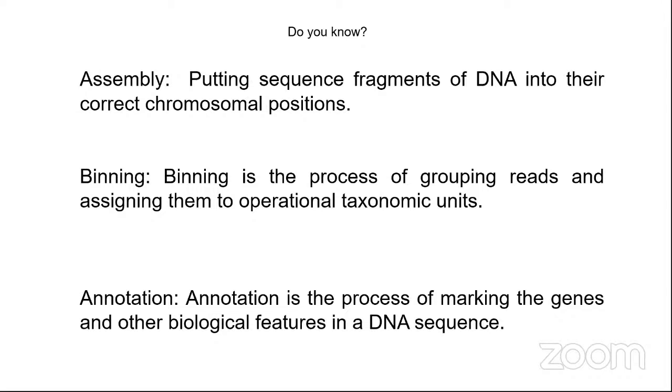You can group them according to their similarity, or you can go for a comprehensive grouping, or you can go for annotation. Once you have your genes assembled and your operational taxonomic units ready, you can go for annotation. Annotation is the process of marking the genes and their biological features in the DNA sequences. So which one is the coding sequence, which one is the promoter, which one is the exons. These annotations are essential once you have your data ready.